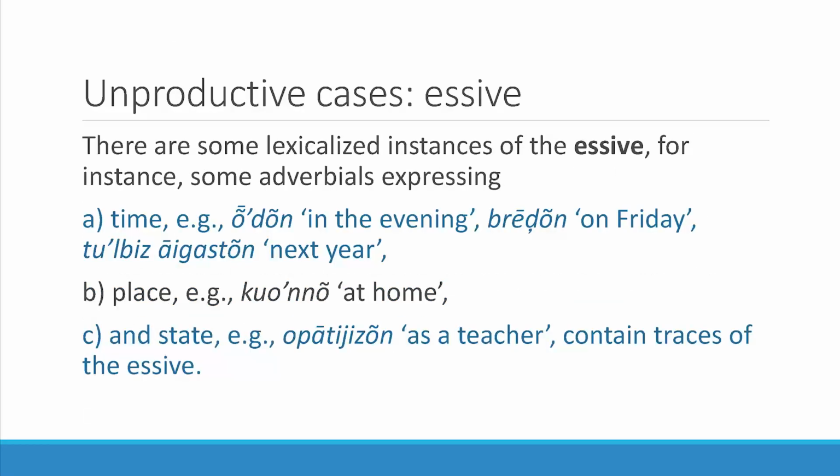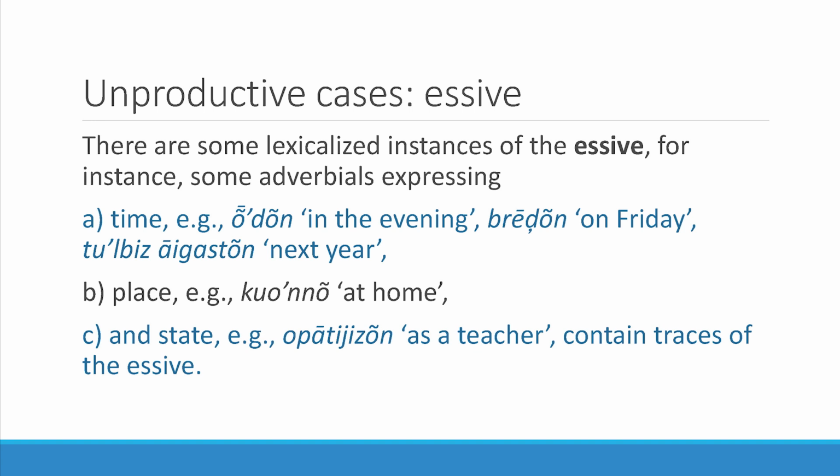Also an unproductive case in Livonian is this essive that has been lexicalized in some instances. For example, expressing time. So in the evening, it's öden. On Friday, it's breden. For next year, tulbis aigasten.